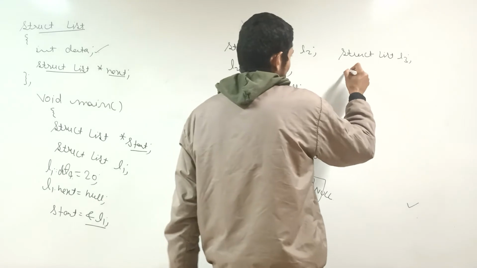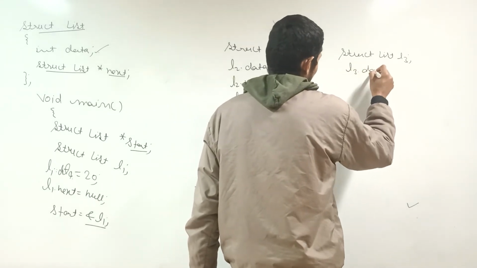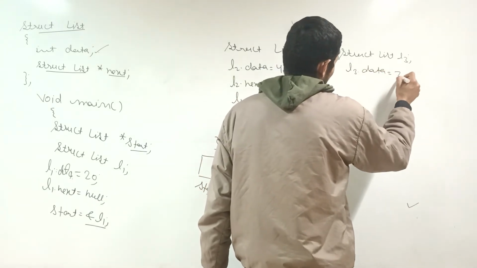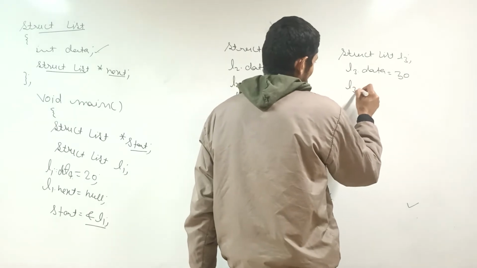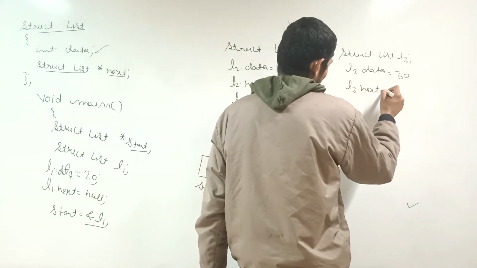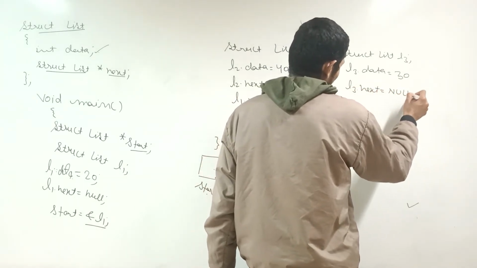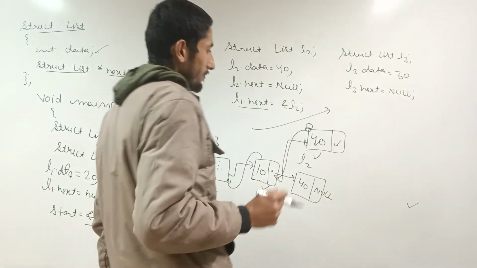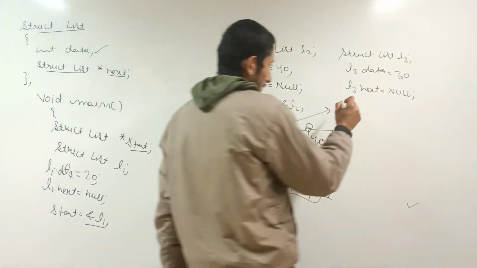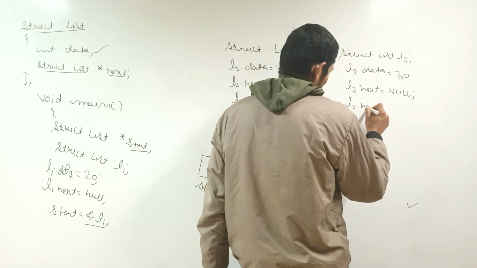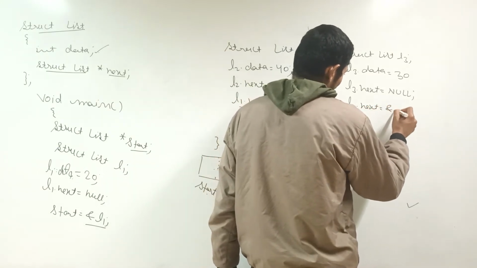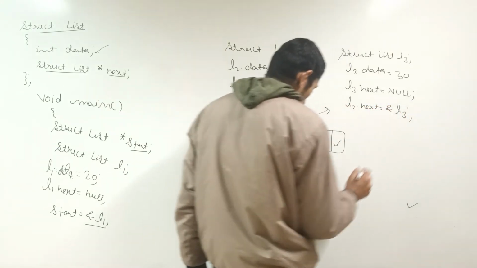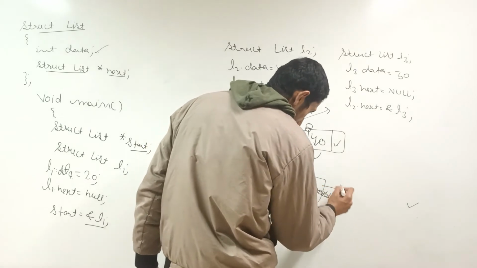Let me copy the data: L3 dot data equals 13 and L3 dot next. What is the meaning of next? I will copy null because after that I don't have any block. And in L2 dot next, I have to copy the address of L3. So a node will be created.